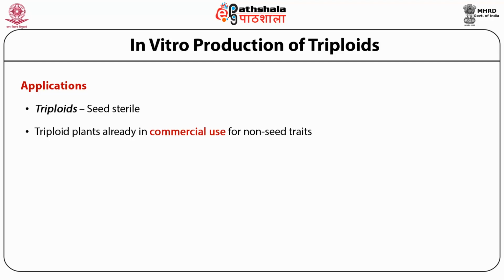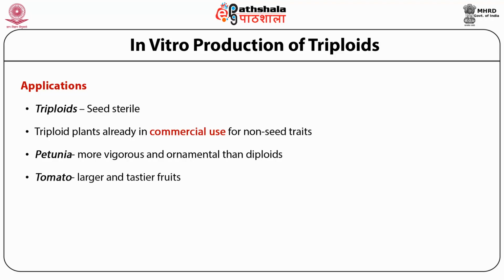I mentioned to you earlier that triploid plants are already in commercial use for non-seed traits, for example petunia. The flowers of petunia in triploids are more vigorous and ornamental than diploids.